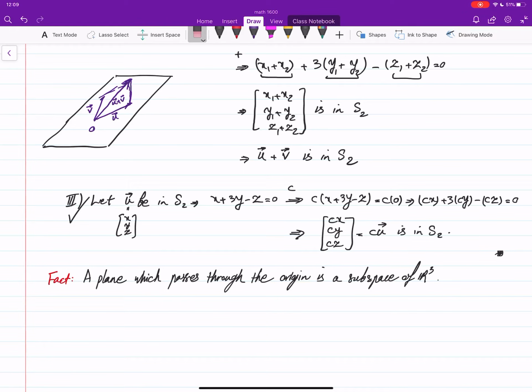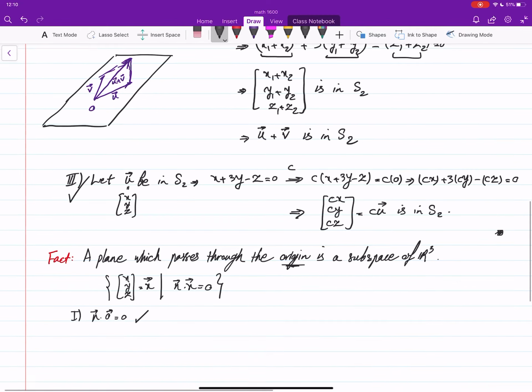Well, the proof I showed above is going to work in general, but there is another way of showing this. Every plane can be written in this form: the set of vectors x such that n dot x equals n dot p, but this passes through the origin, so that can be 0. And you can see that n dot the 0 vector is going to be 0, so that satisfies the first condition.